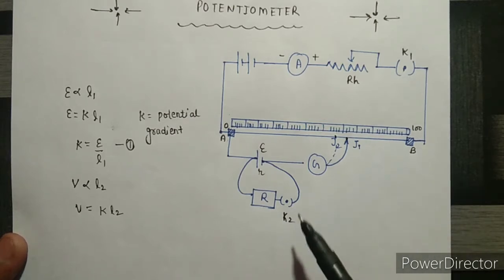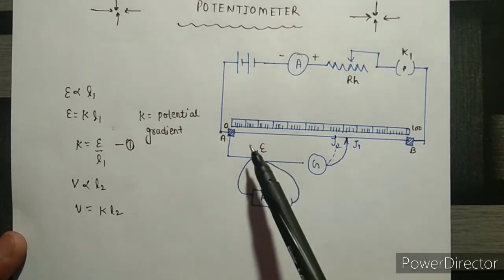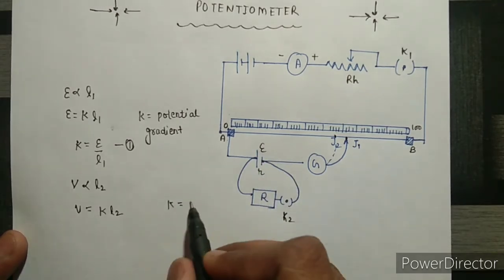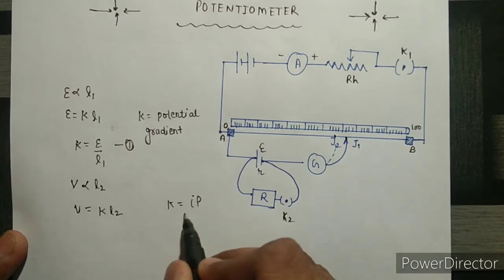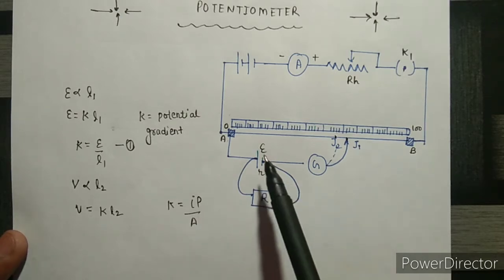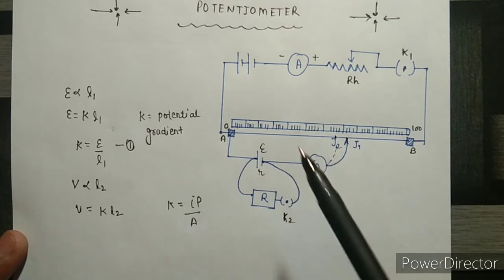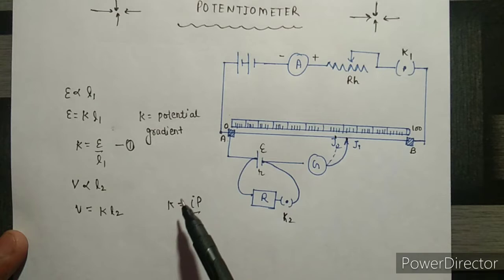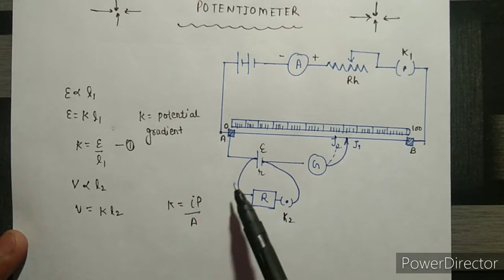This K is constant for the second condition also, because you already know from the previous video that K is equal to I rho upon A, the ratio of current into resistivity upon area, and in both conditions we don't change any quantity. There is no change in current, resistivity, or cross-sectional area of the wire.